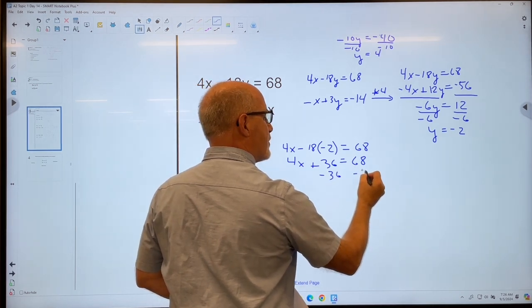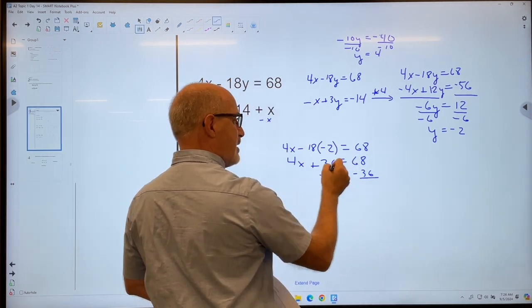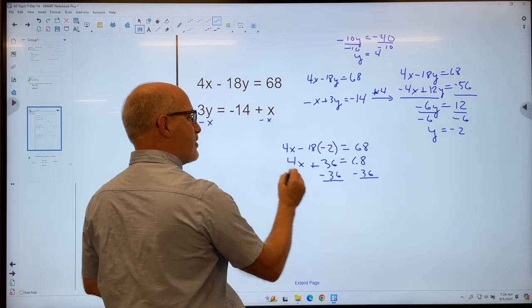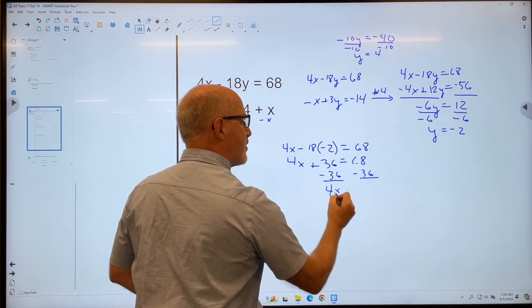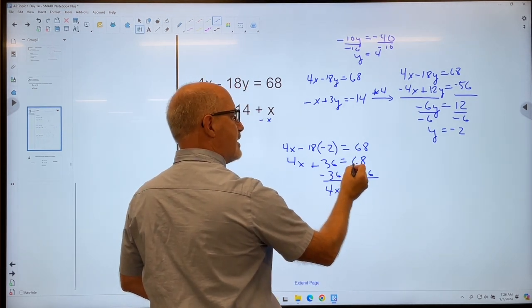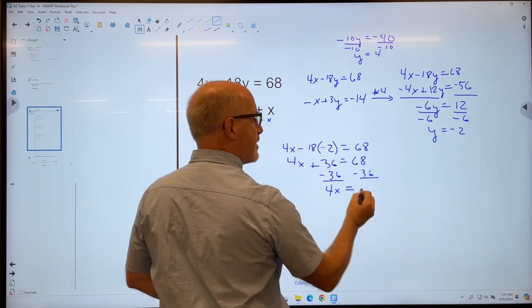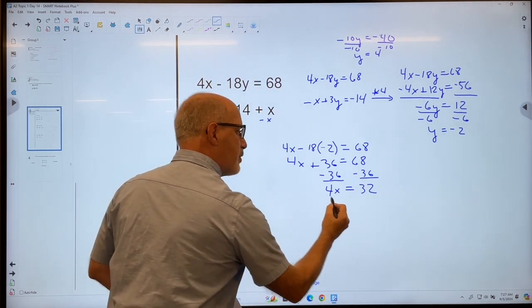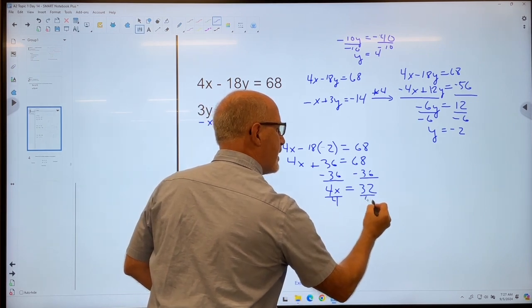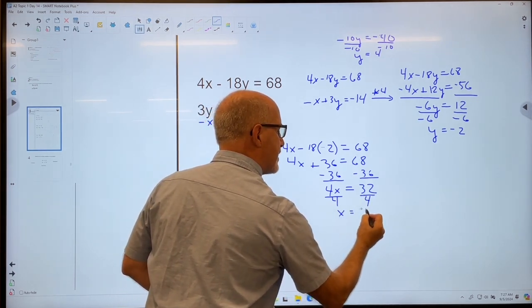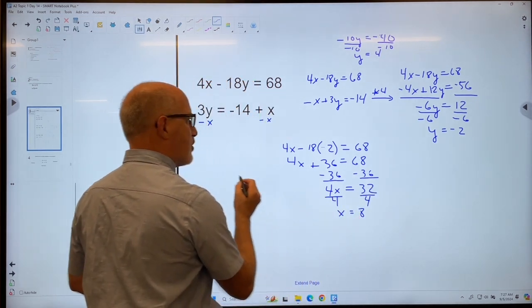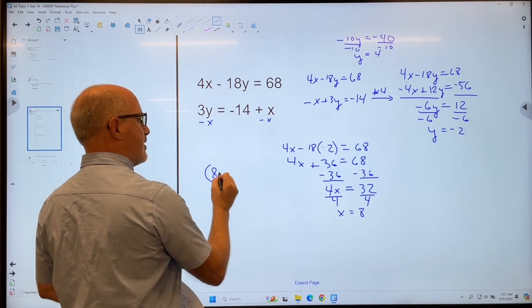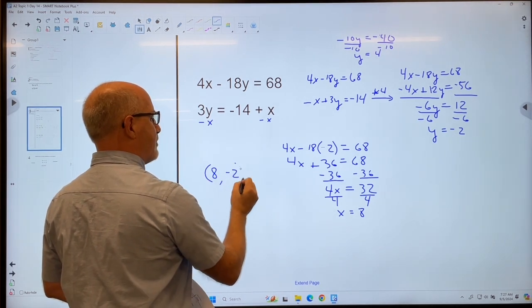We'll do it to both sides of the equal sign. So you get a 4x left here because the 36's are gone. 68 minus 36, that gives me a 32. And I want to divide both sides by 4, and so I get x equal to 8. So my answer will be 8 for x and negative 2 for y.